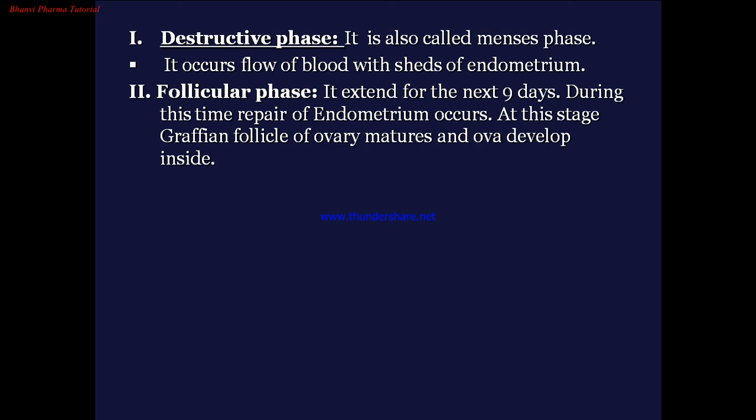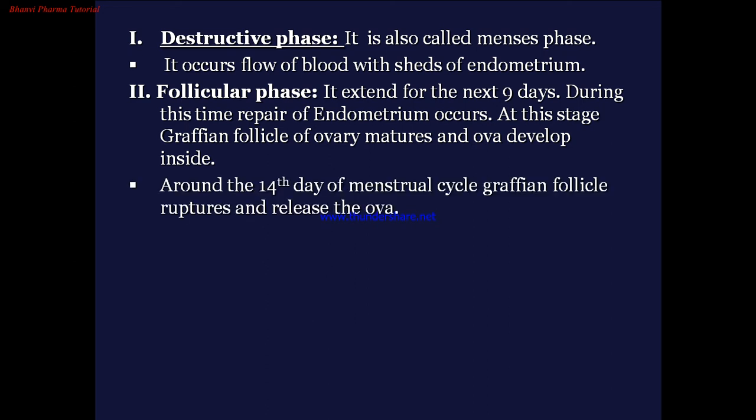At this stage, the Graafian follicle of the ovary matures and the ova develop inside. Around the 14th day of the menstrual cycle, the Graafian follicle ruptures and releases the ova.